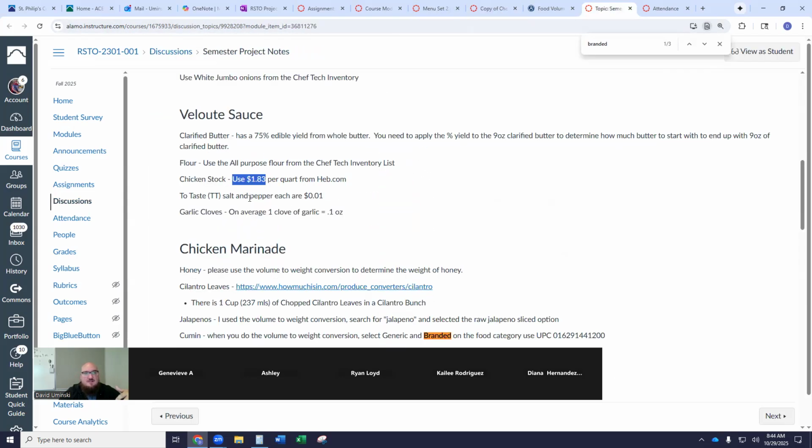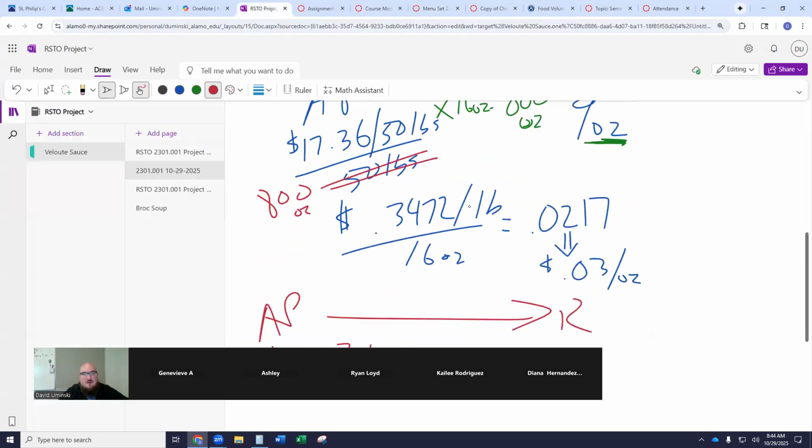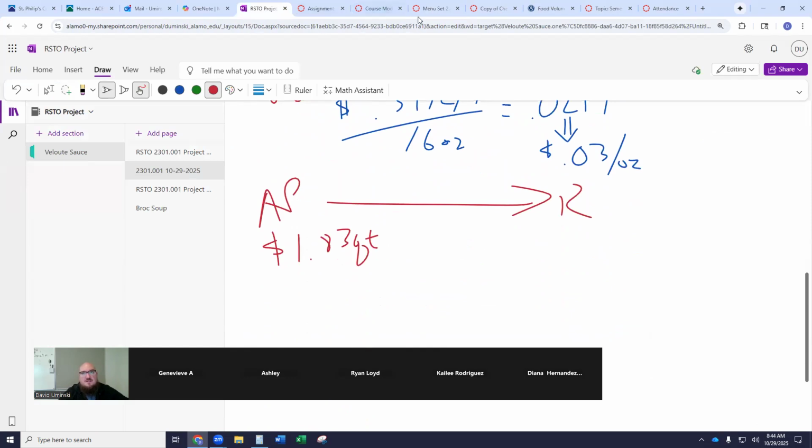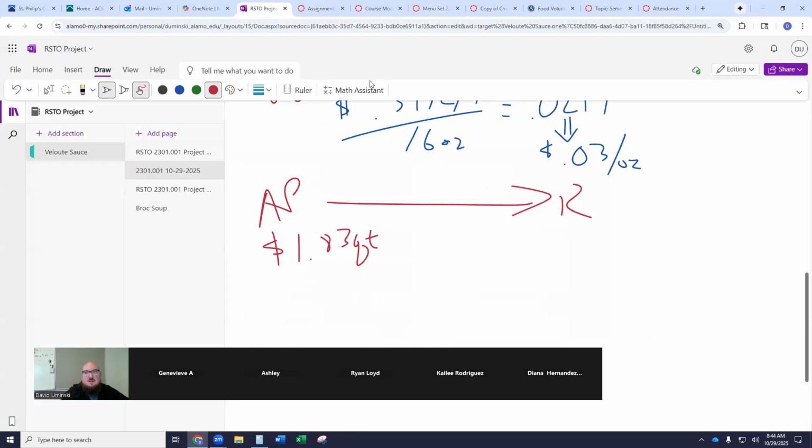That's why I list it here in the semester project notes. And then you're going to do your AP to recipe, and that's going to help you. So in this case right here, we need 1.5 gallons.